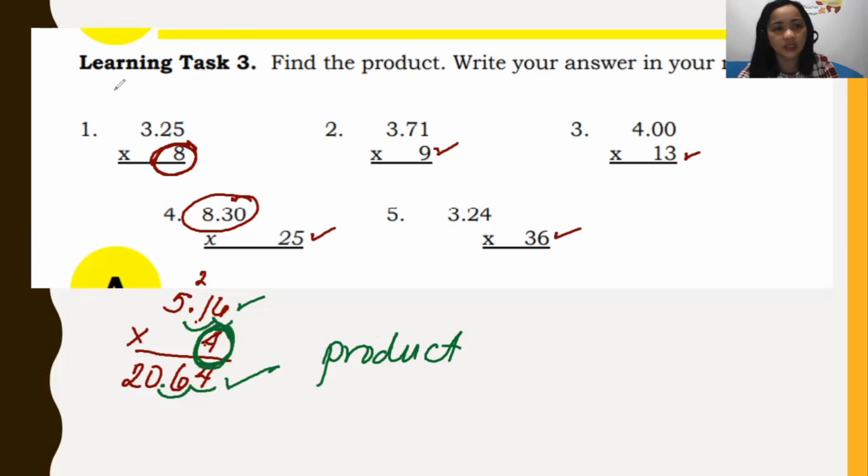Okay, that's learning task number 3. Napakadali. So ulitin ko. Pag ang whole number natin ay isang digit lang, or once lang yung place value niya, wala tayong partial product.